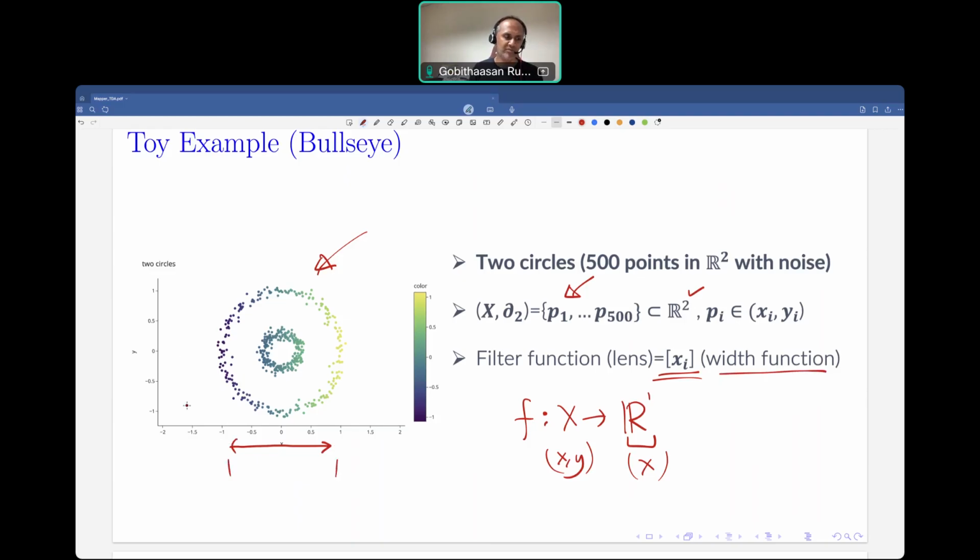If you were to take the height function, you're just taking the Y value from below to top, as I said earlier. We are going to use the width function, which is just the X value.